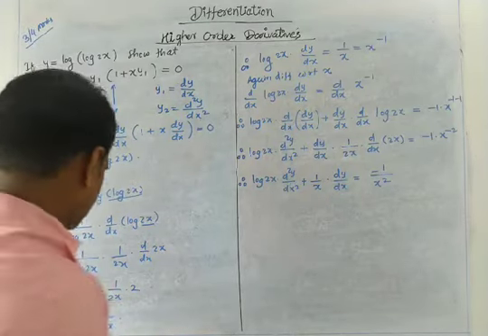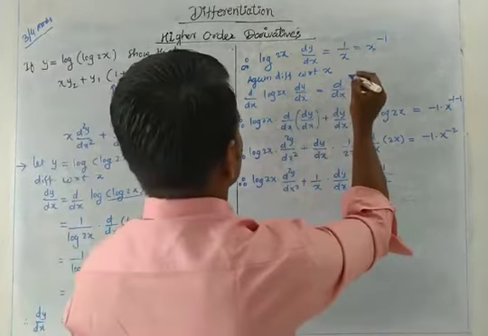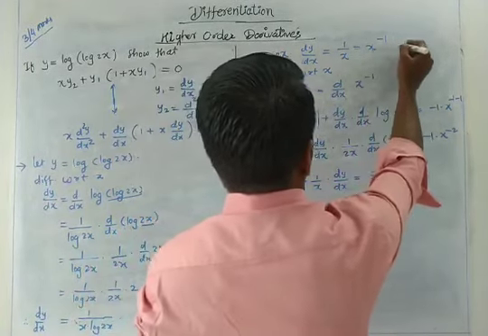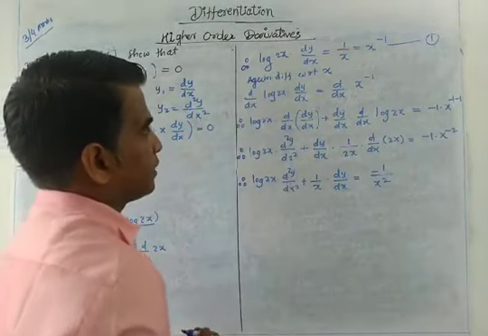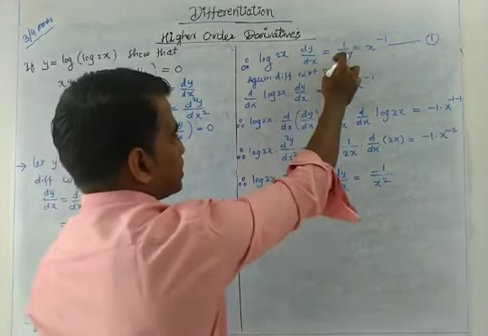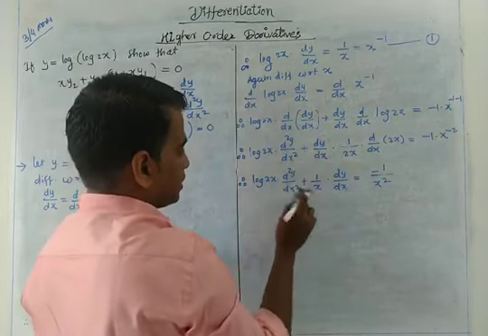Is it clear? Now see here, this is equation number 1. From this equation we have the value of 1 upon x, so the value of 1 upon x we will substitute in this equation.